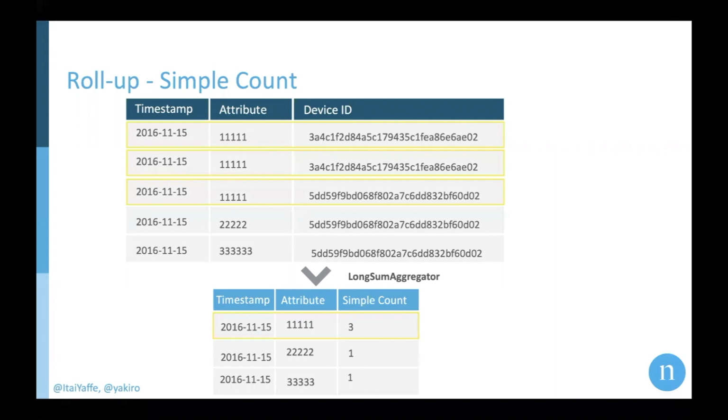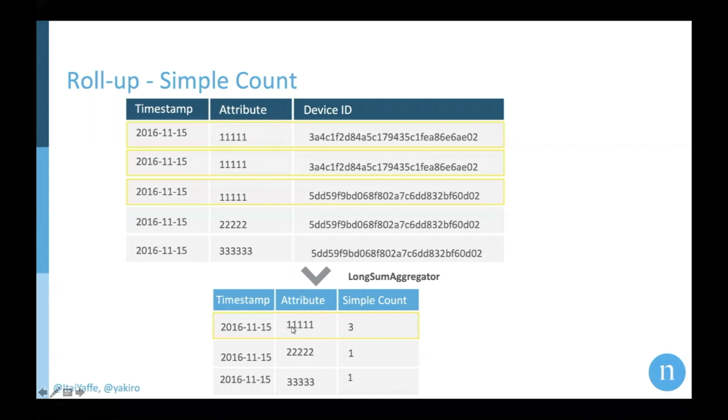Some kind of an advertisement for a campaign. 3 devices were exposed to this campaign. So in this case, we aggregate the data and count the number of devices, and we will just store 3 as the number of devices that were exposed to the campaign, or actually the number of impressions, as we say in AdTech. Now, this provides us with the ability to actually get a much more compacted result.